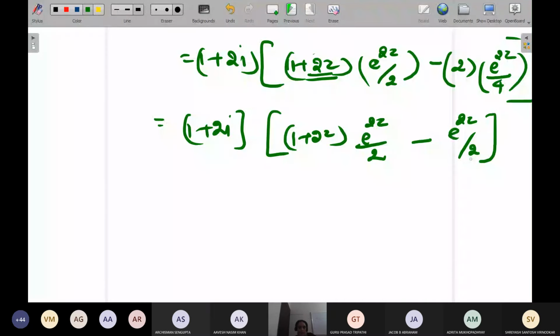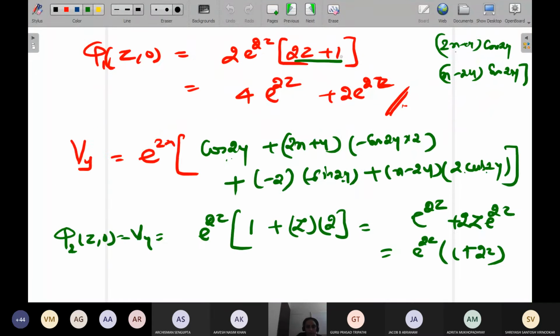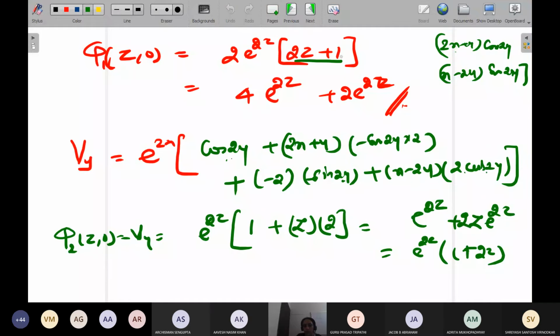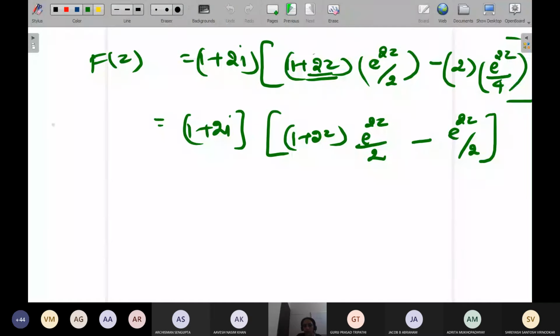In the left hand side, you have capital F of z. What is capital F of z? Capital F of z is nothing but 1 plus 2i into small f of z. So 1 plus 2i and 1 plus 2i will get cancelled.